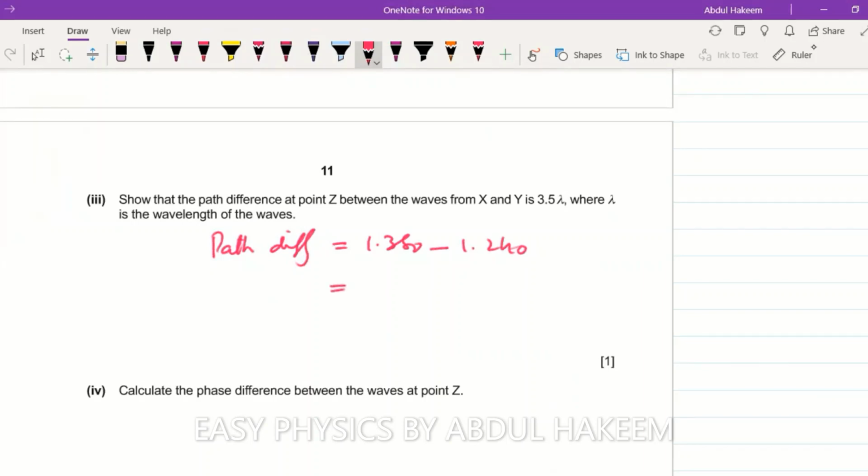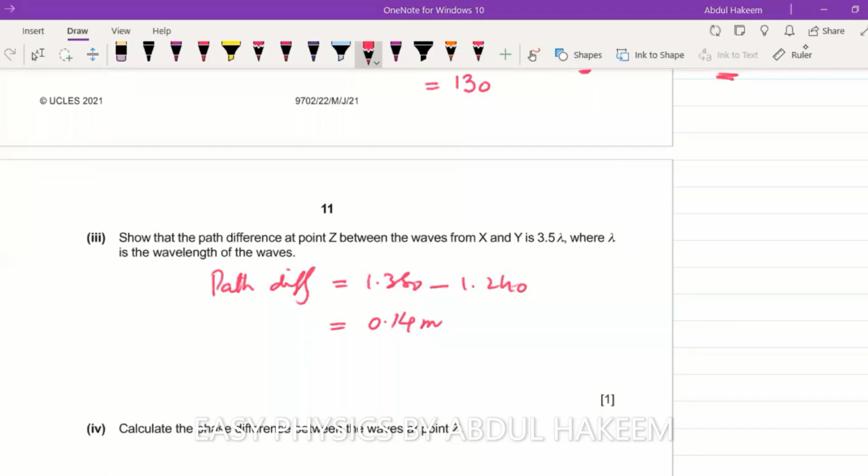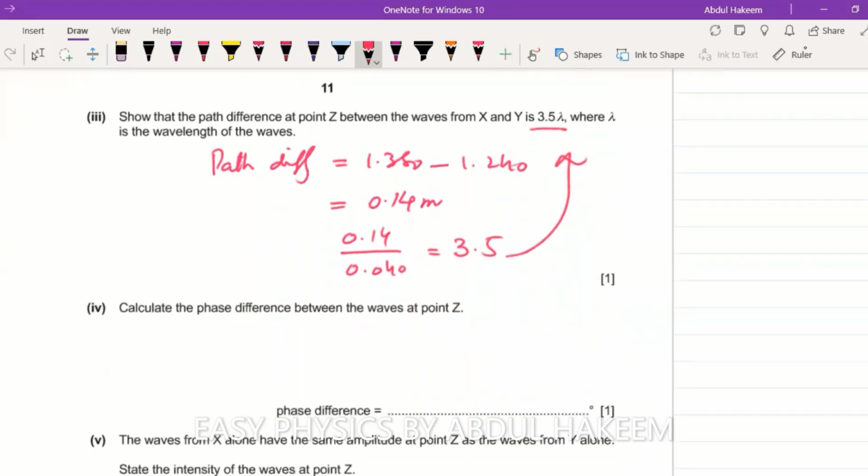After the calculation, this is 0.14, but we have to write this in terms of lambda. So 0.14 divided by the wavelength, which is 0.040, the answer is 3.5. Hence proved, it is 3.5 lambda.